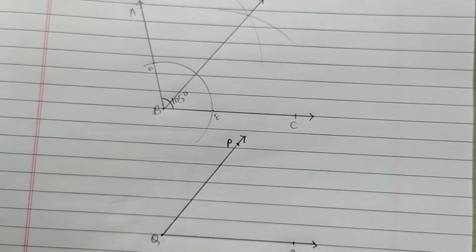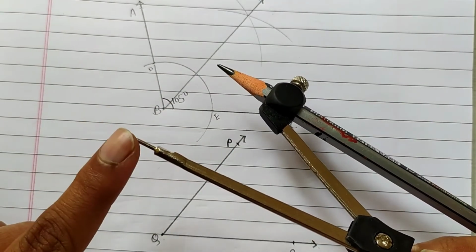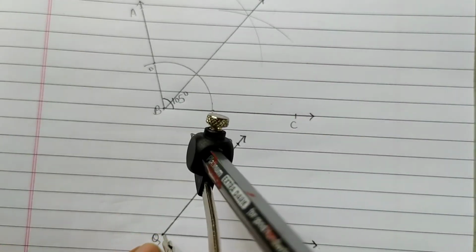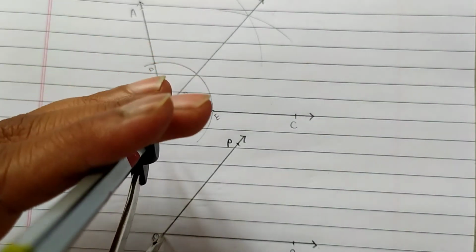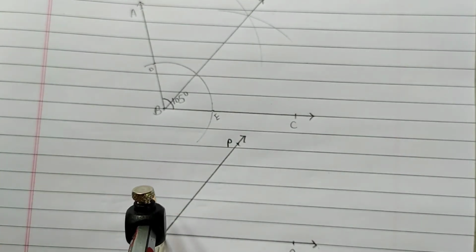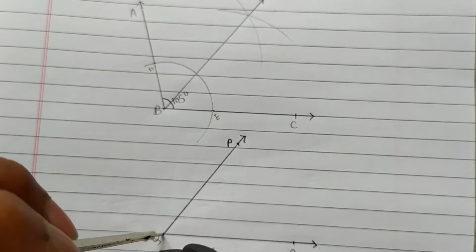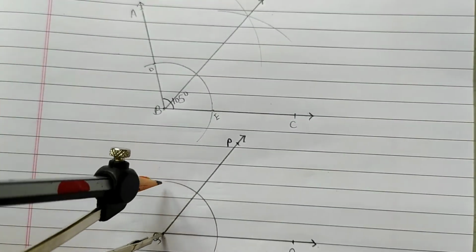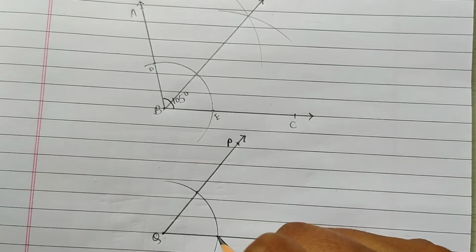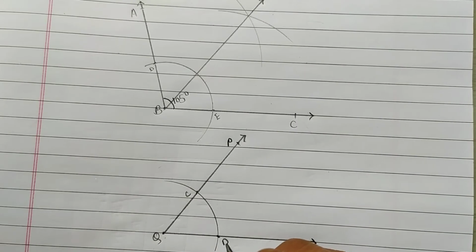You can give your own choice. Now put the metal point of compass on Q and take convenient distance. Draw an arc to cut rays QP and QR like this. Here we are getting 2 points. Give them name C and D.